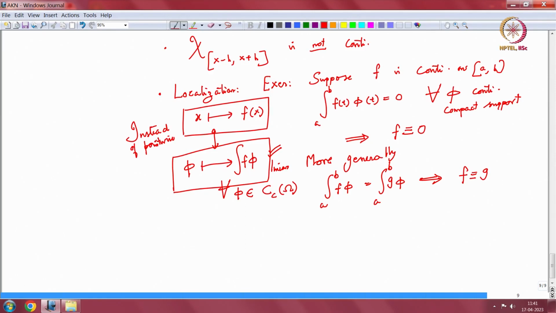But you can relax a little bit, you can actually take a smaller class. It is better to have a smaller class than a bigger class. You have to verify this association for all phi in Cc of omega, but you can actually do it more.